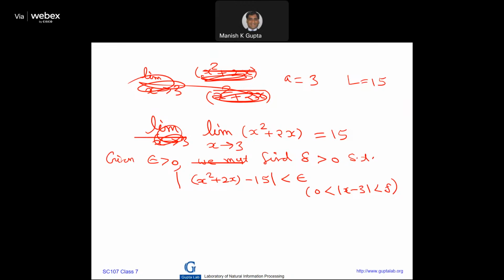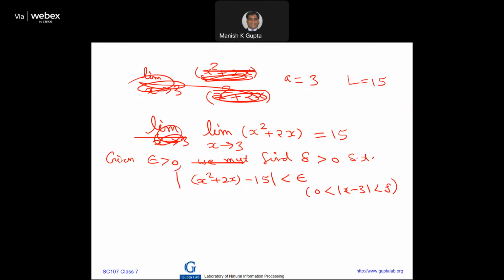Now what? Any idea? Anyone in the class? Somehow I have to worry about this expression to make sense. So I'm going to expand it and see what factors come.